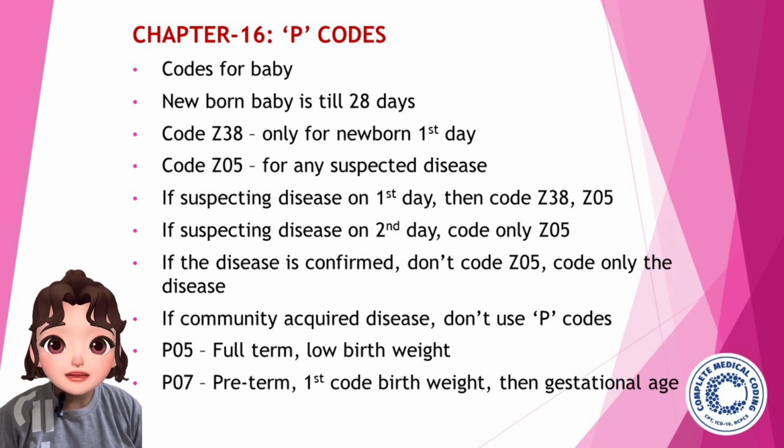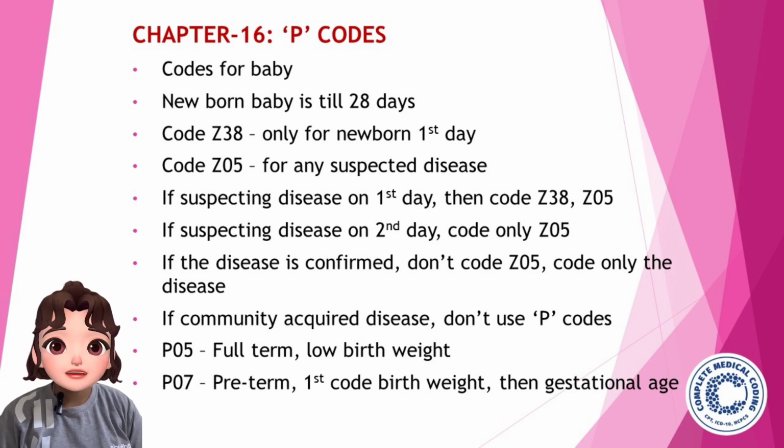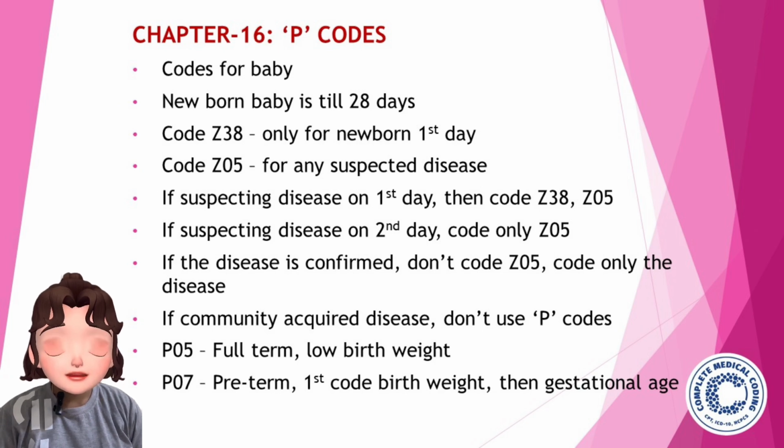For any suspected disease in the newborn, Z05 is the code that we will use. If the suspected disease is mentioned in the documentation on the first day, then we will use both the codes Z38 and Z05, because Z38 represents newborn for the first day.